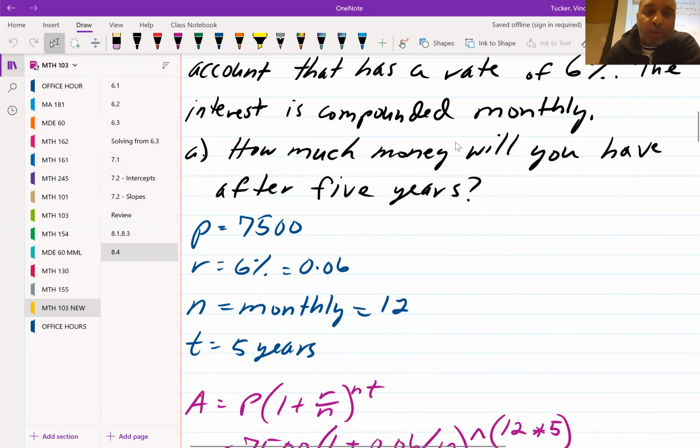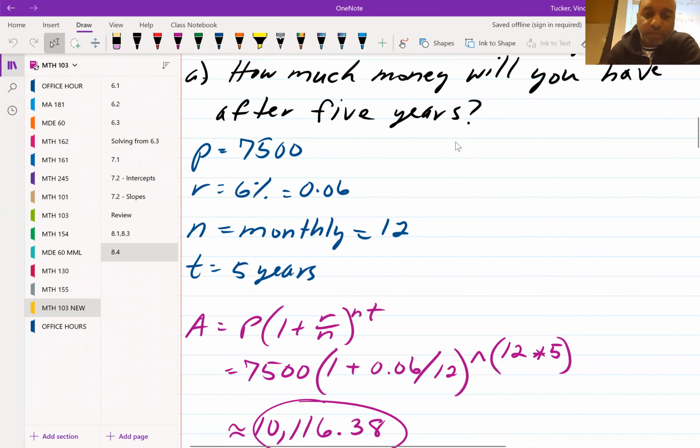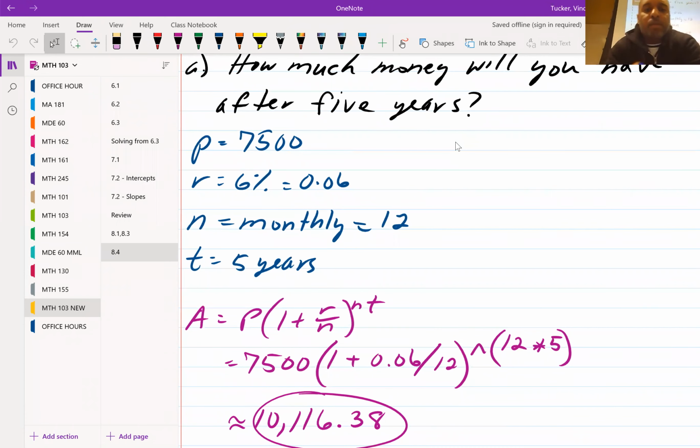So now we plug it into the formula. The formula is P times 1 plus R over N raised to the N times T power. So that'd be 7,500 times 1 plus 0.06 divided by 12, raised to the 12 times 5.